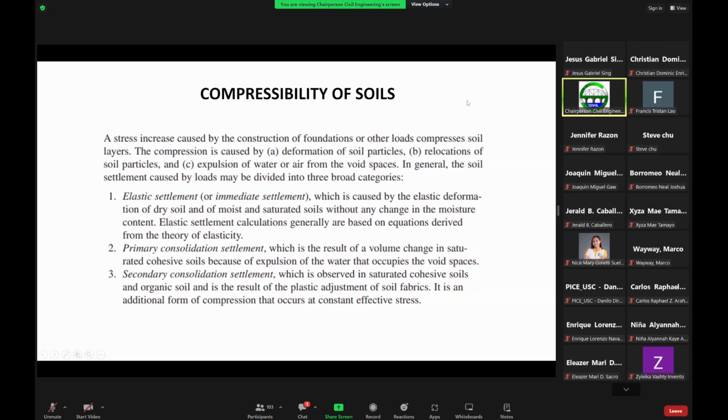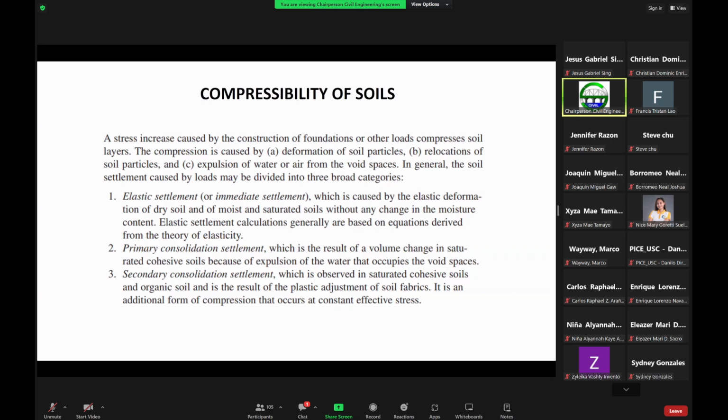So for tonight, let's try to discuss compressibility of soils. Now, when we try to assess the bearing capacities or the soil bearing capacities in the ground, one of the criteria that we consider is the settlement criteria.